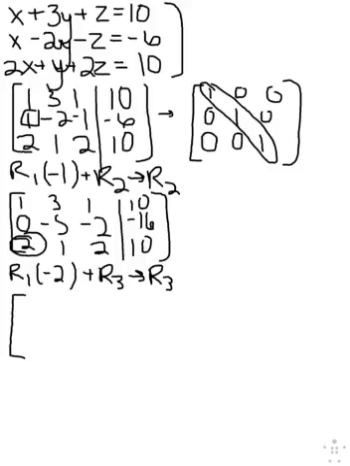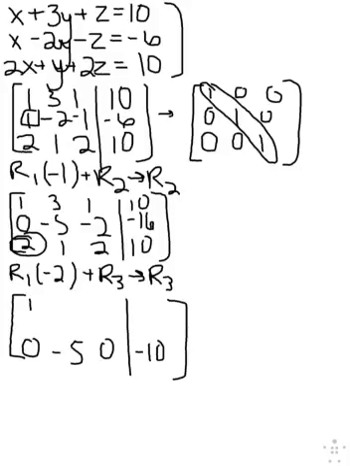So 1 times negative 2 is negative 2, plus 2 is 0. 3 times negative 2 is negative 6, plus 1 is negative 5. And 1 times negative 2 is negative 2, plus 2 is 0. And 10 times negative 2 is negative 20, plus 10 is negative 10. Again, we'll fill in the rest of the numbers.